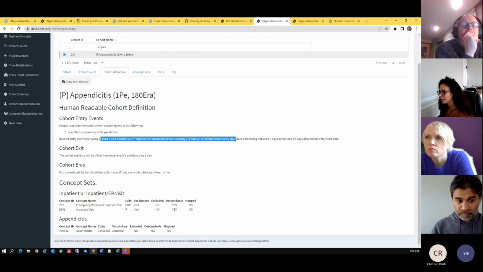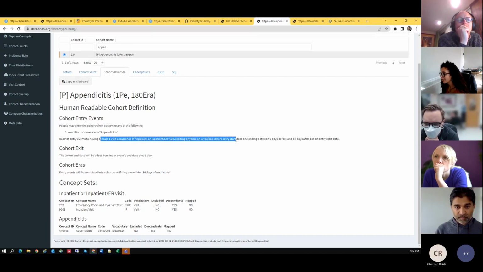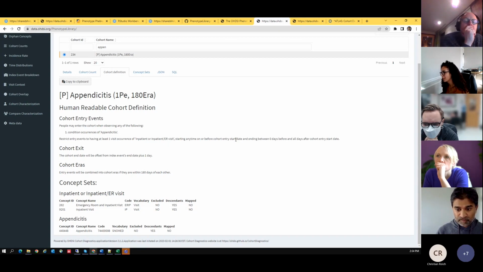To be more specific, the implementation of your code here is that if any of these codes are present overlapping with an inpatient or ER visit, whether it starts on the same day or not, as long as your code is present on or before the visit has ended, the event will be captured.